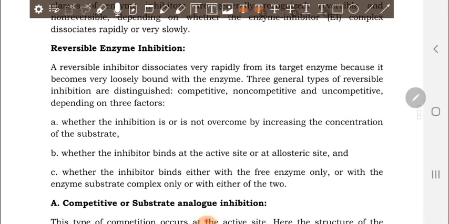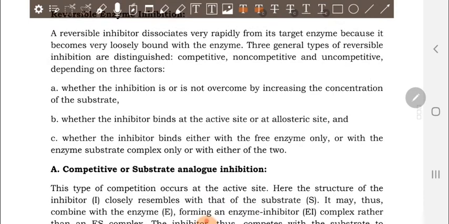Reversible type is quite complex when compared to irreversible type, so we can have a look at reversible enzyme inhibition. Reversible enzyme inhibition has three types of properties. One is increasing the concentration of the substrate.